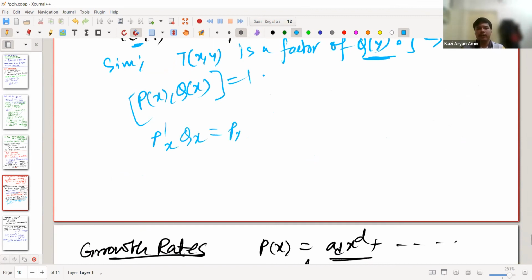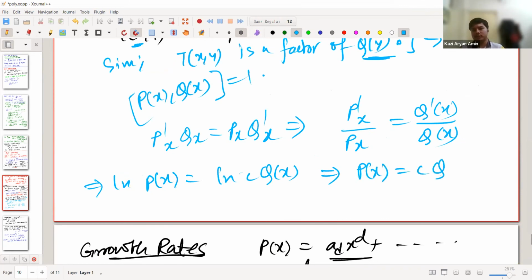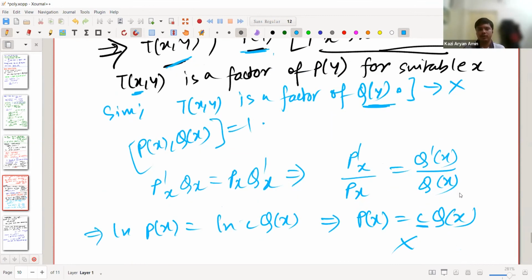So you basically have p dash x q of x equals p of x q dash x, and when you integrate, you get ln of p of x equals ln of c times q of x, which tells you p of x equals c times q of x. This is again a contradiction because they cannot share any factors at all. So does the proof make sense? I had to rush over it because we are out of time already.